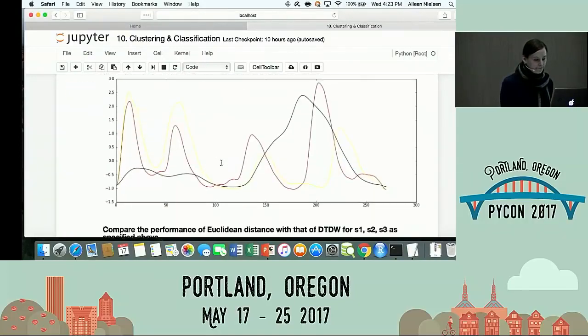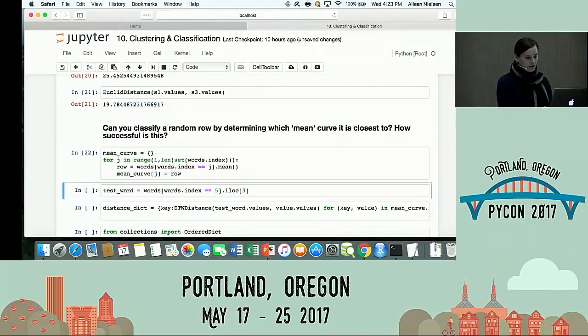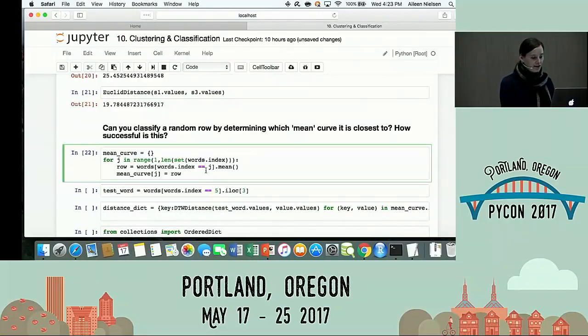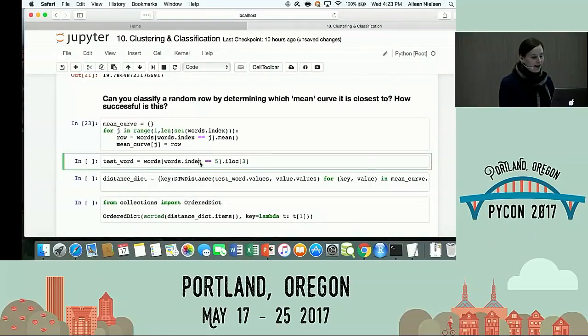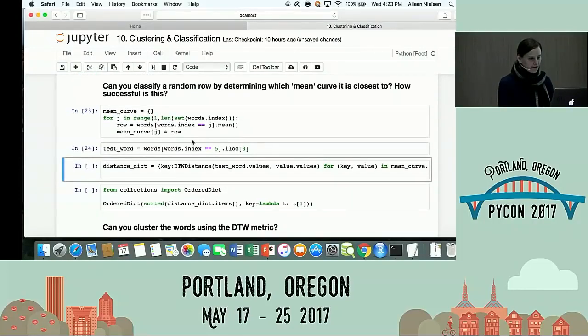So to do that, we can first compute that mean curve, right? So for each word type, grab all of the examples, take a mean and say that's my idealized word, that mean type. So that's what I've done in this code here. I'm going to just randomly grab a test word. Boom, I've done my test word.